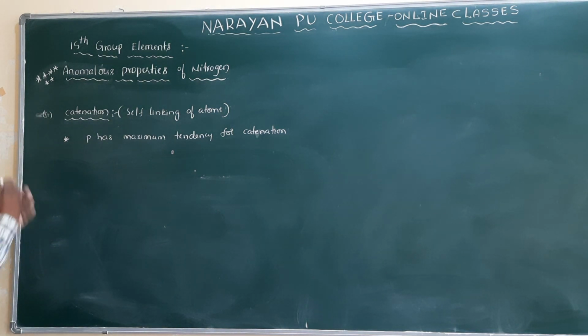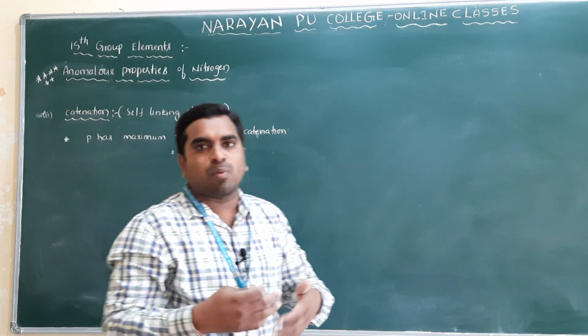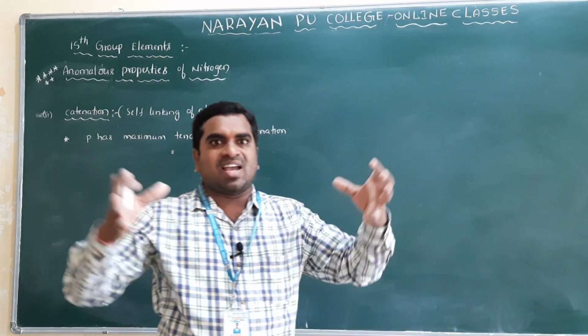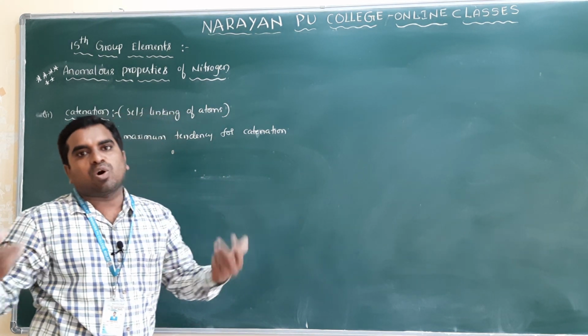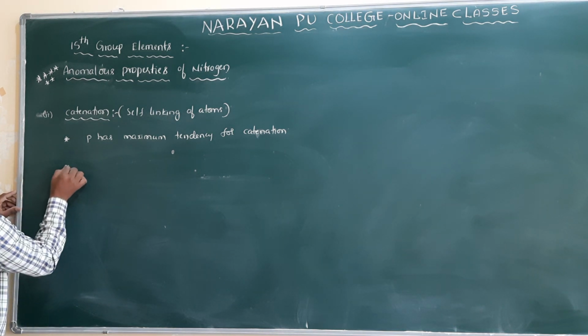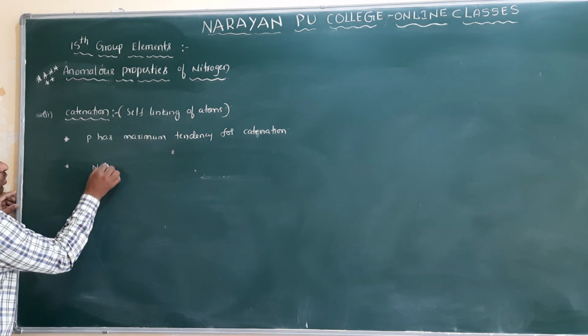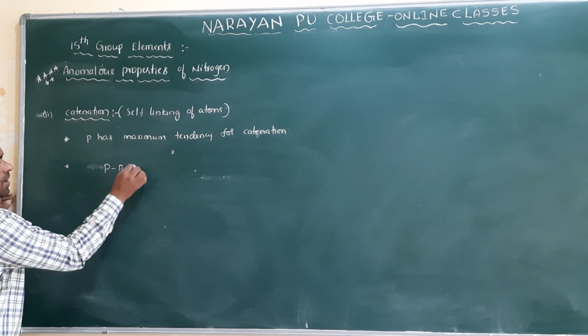Clear? After then nitrogen, and now if you are moving down the group, catenation property decreases. Why? Because size increases, so bond length also increases, so automatically it decreases. So what is the order for catenation: first one is phosphorus, the P-P bond. Clear?